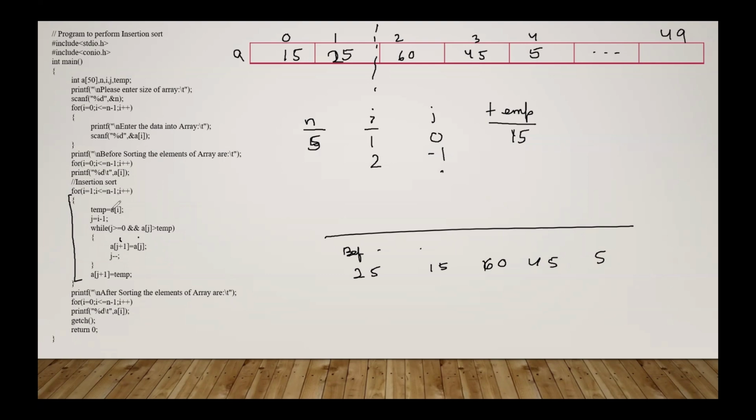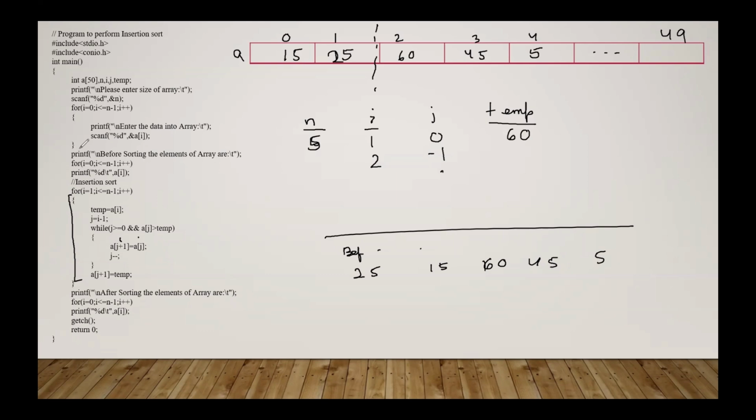temp stores the value of a[i]. What is the i value? 2. So temp stores which value right now? 60. Store the value of 60. Then j equal to i minus 1. What is i? i is 2.